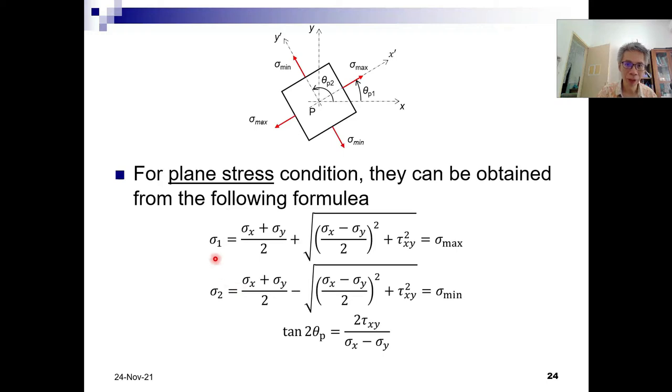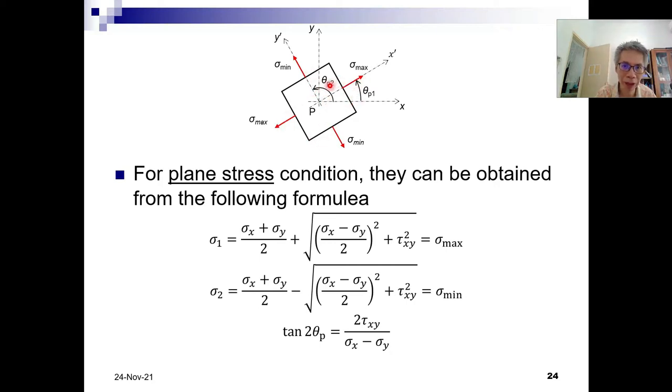Actually, there is not only one angle, because there are two angles. Here is an illustration. If this is the original Cartesian axis, and then we rotate, there is a pair of angles, theta P1 and theta P2 in this picture, where the normal stress is maximum and the other is minimum.